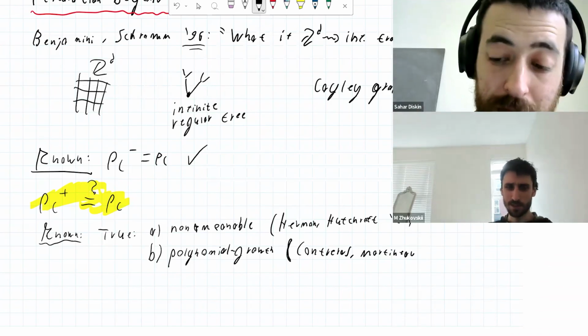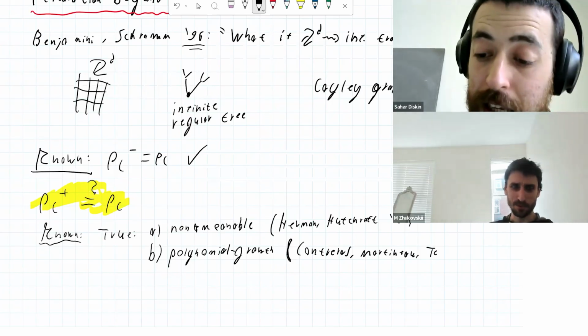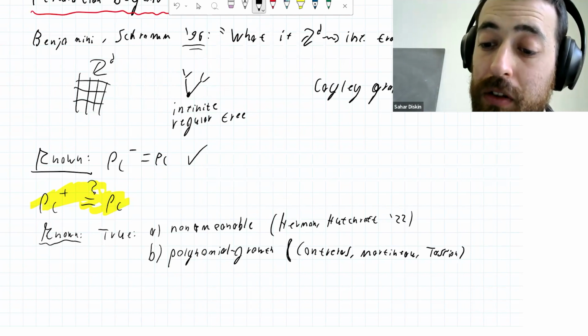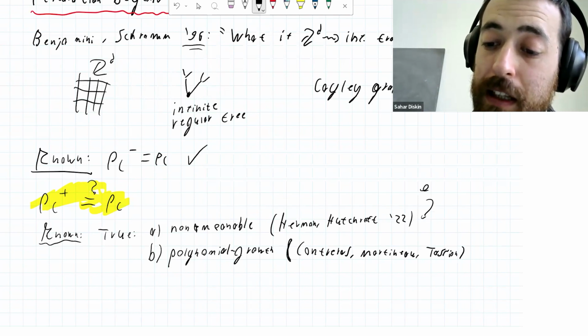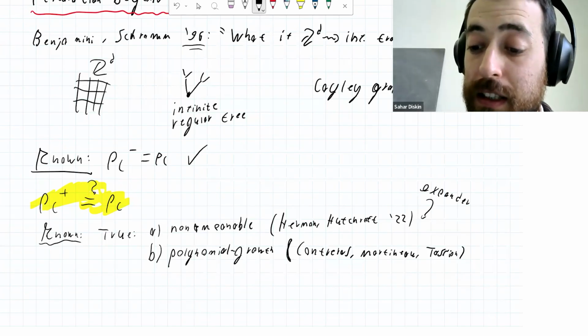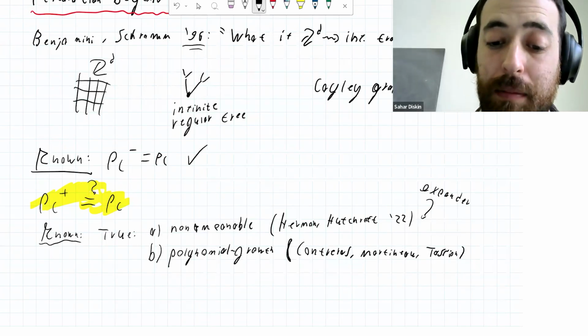This looks like the opposite regime to being non-amenable, right? Exactly. These are the two extremes. This is an expander, and this is very far from an expander. Here they use the fact that it's an expander and also some geometric facts. This is exactly the other opposite part of the regime.